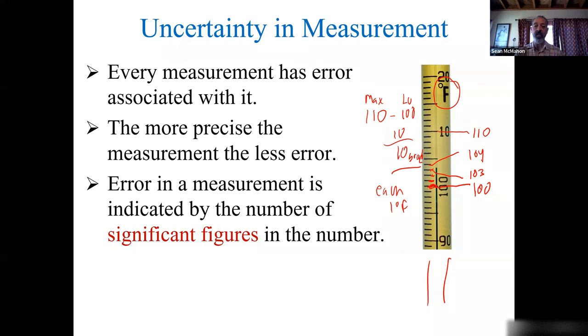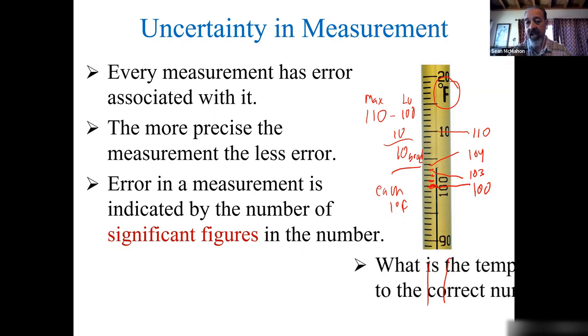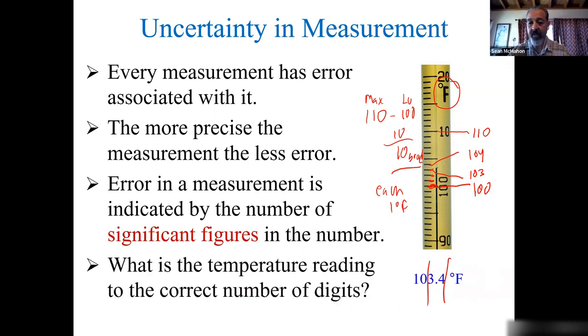So where is there the uncertainty? I have to guess in between 103 and 104 to the 10th place what that measurement is. And I can do that. It's an educated guess, right? I can estimate that with my naked eye, right? And what I end up getting, sorry about that, is I estimated at 103.4. So what does that mean?